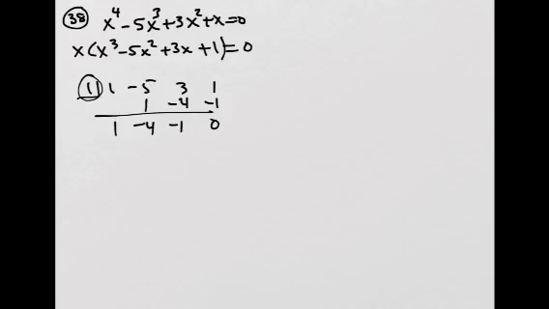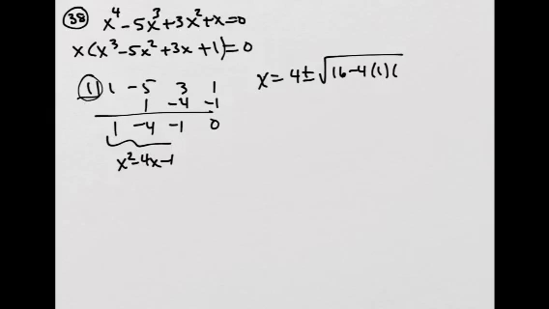Okay? And so this one's a quadratic, x squared minus 4x minus 1, which does not factor, so I have to use the quadratic formula. So x equals the opposite of b, plus or minus the square root of b squared minus 4 times a times c. C is negative 1, all over 2a.